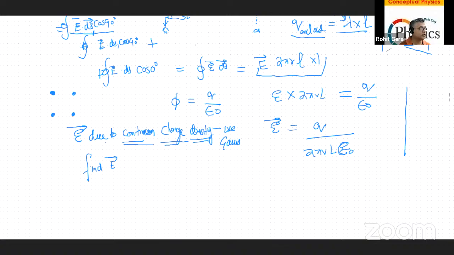That's another usage and application of Gauss law. If they ask you what is the application of Gauss law, one of the answers you can give is that we can use it to find the electric field of continuous charge densities.